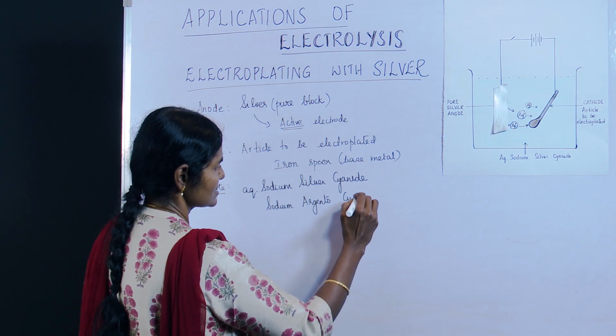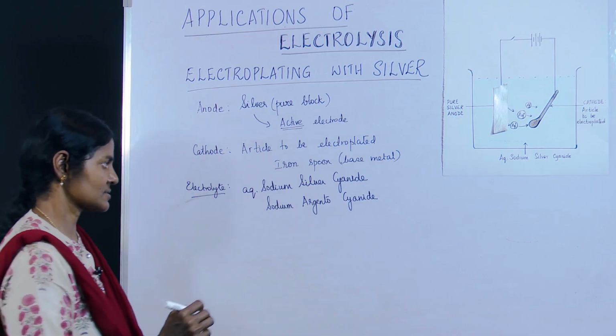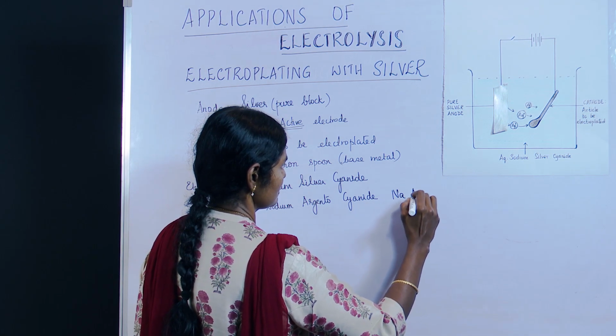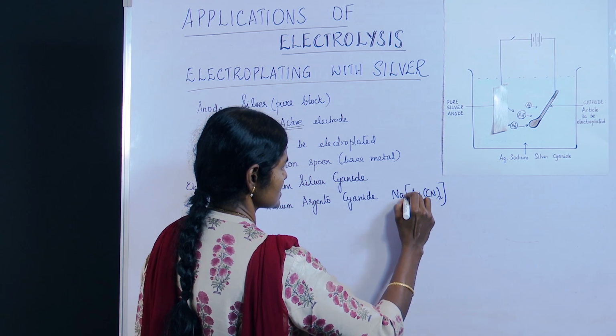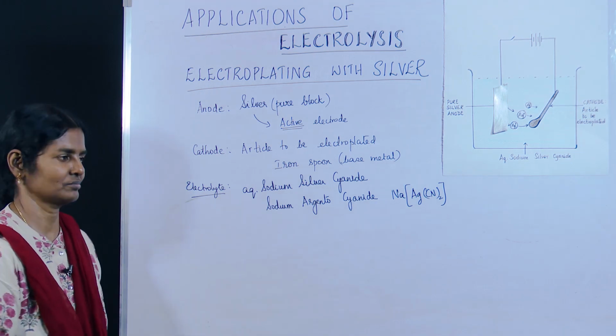Why the name argento? Because silver's Latin name is argentum. So here Na, silver and cyanide, this is a complex salt and it's in the aqueous form, means water is added.